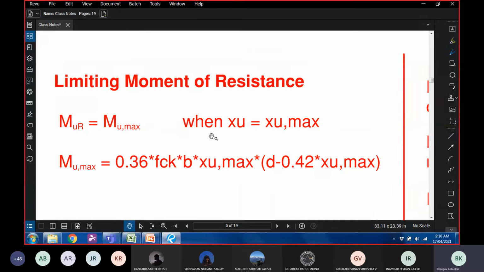What we do know is this, that the maximum moment that we can permit that section to resist is equal to Mu max, which is this formula, 0.36 FCK B into XU max. We also know what is XU max for a certain grade of steel in terms of its total depth.